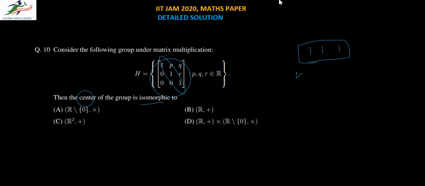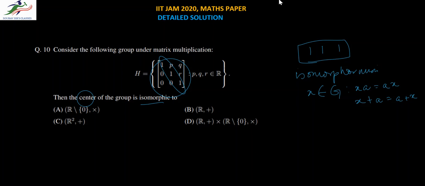Now isomorphism means that there will be an element x in the group such that x times any other element will be equal to a times x, or x plus any other element will be a plus x.